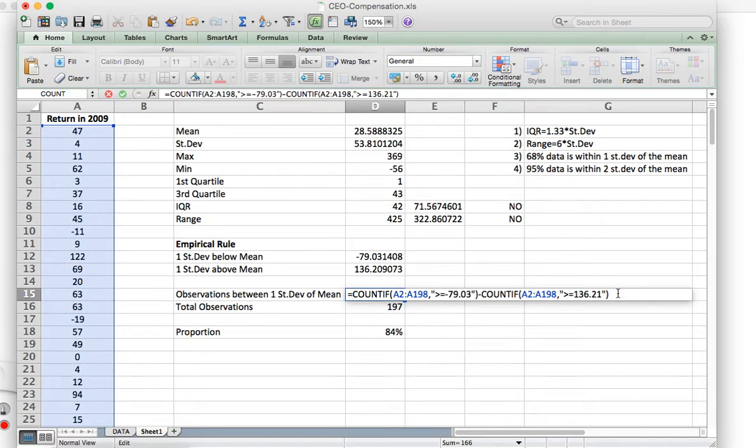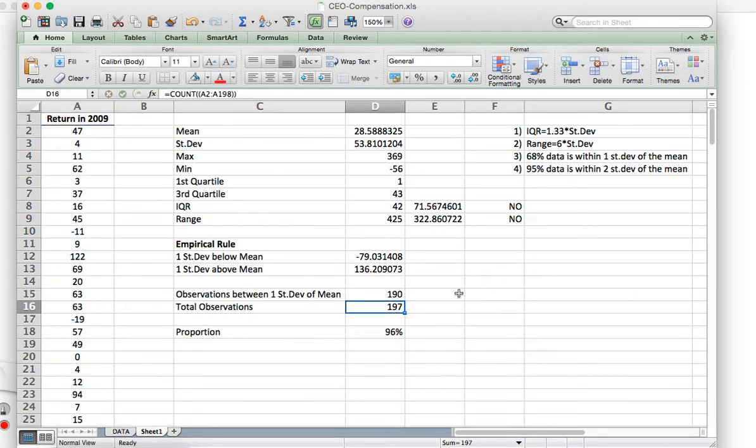I'd choose the easier one for you. So enter. It looks like we have 190 observations that are within 2 standard deviations of the mean. If you divide it by the 197 total observations, you have 96%, a fairly normal distribution, isn't it? Looks like.